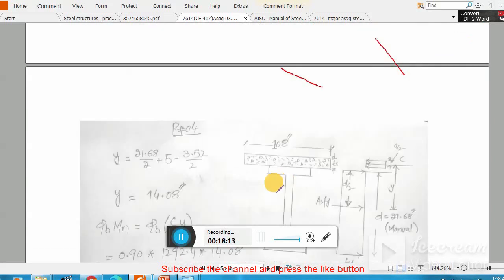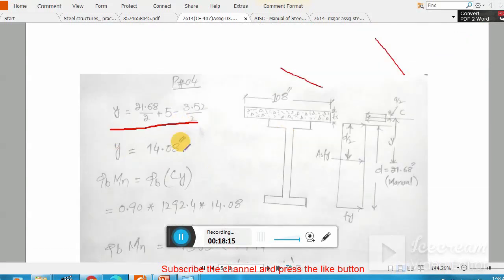And here you see this is your lever arm and this is your section. Here you see your section, your As Fy, your C value, your a over 2, and your nominal depth 28.68 is your nominal depth.